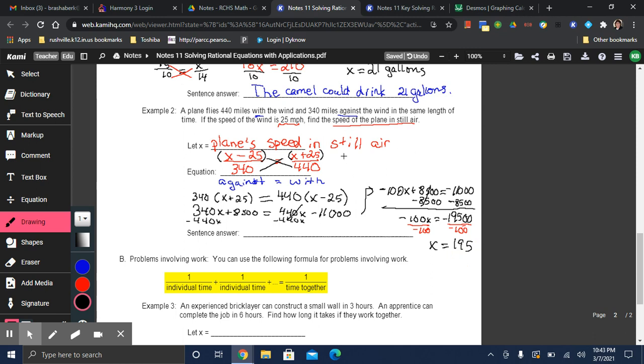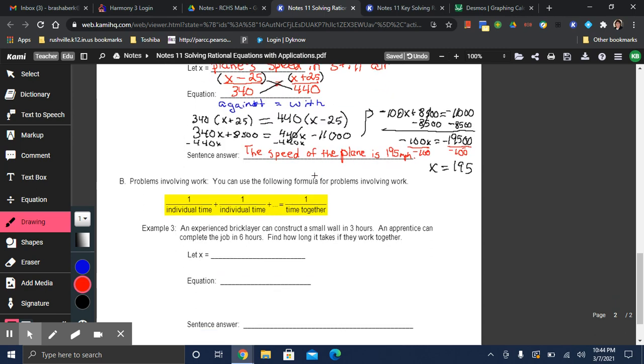Now, the answer to the question then is the speed of the plane is 195 miles per hour. And that would be without any wind. So again, we solved for what happens if it's flying against the wind, where the wind is slowing it down, so I subtracted, and what happens with the wind. So the wind was making it go faster, so I added that.